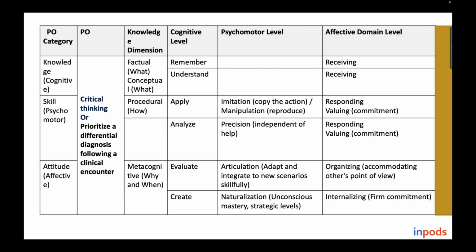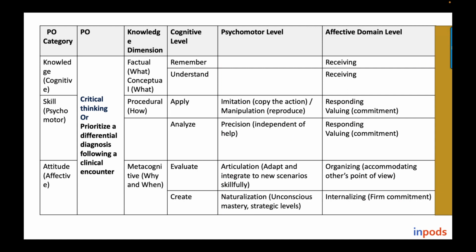Should I expect them to just be at responding, valuing level, or should they be reaching a level which will allow them to also accommodate others' points of view, and then self-evaluate their own points of view and come out with something unique, right, or something new? So am I expecting that from them? So that is the kind of affective domain level taxonomy that can come into the picture here.